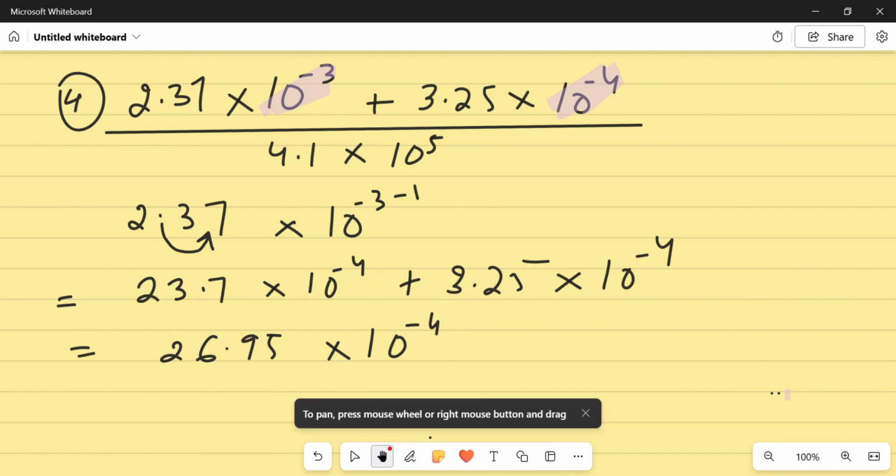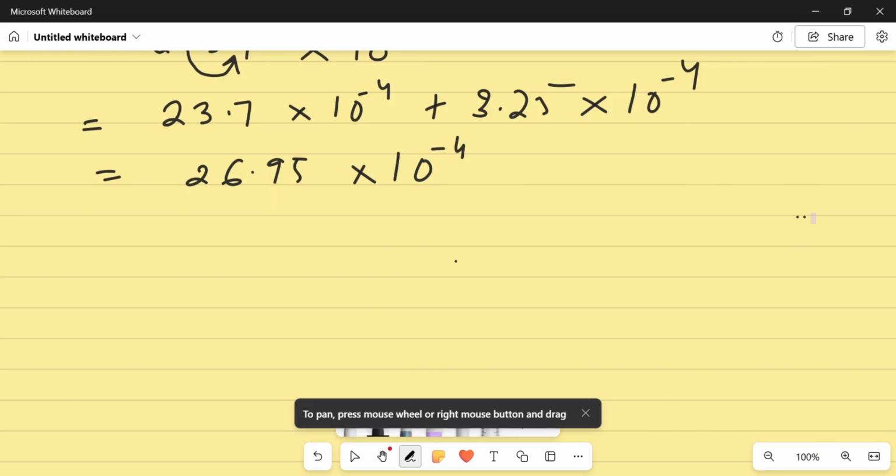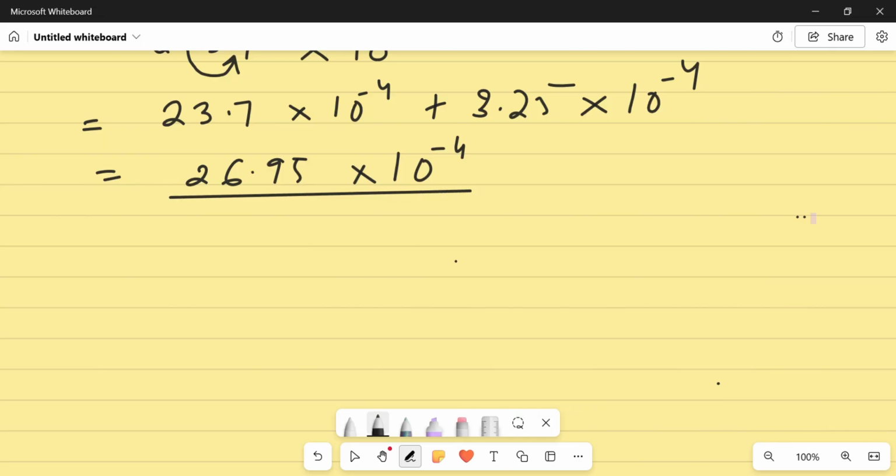And now I'm adding the denominator part. The denominator number is 4.1 multiplied by 10 to the power minus 5. And as we know, 26.95 multiplied by 10 to the minus 4 we have done in the previous questions.